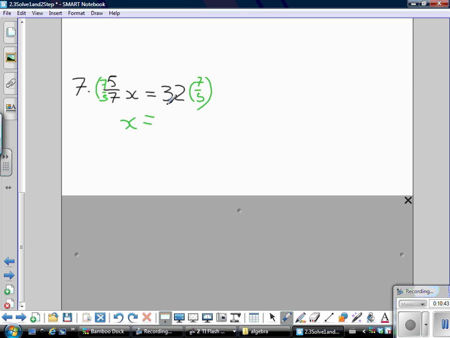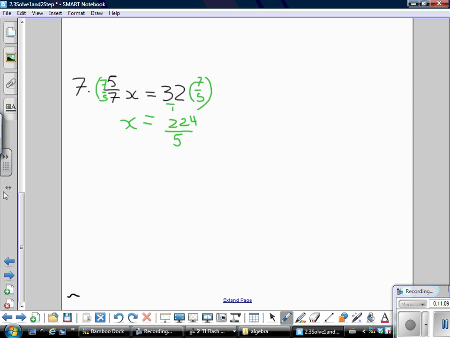So 32 times 7, so we're looking at 224. And then 1 times 5 is 5. So we can leave it as an improper fraction of 224 over 5. Okay, so sometimes our answers aren't beautiful. Well, all of the answers are beautiful, but that gives you some kind of idea.